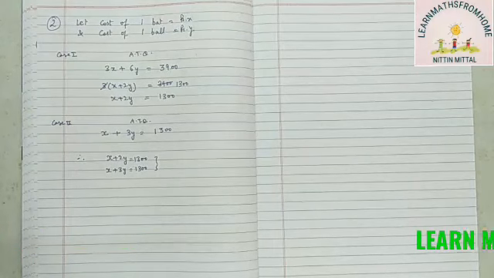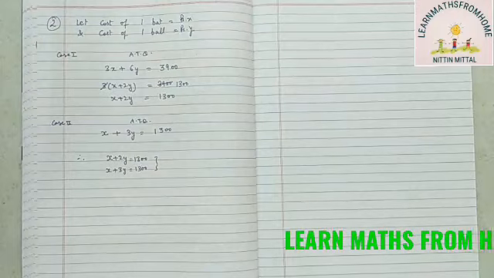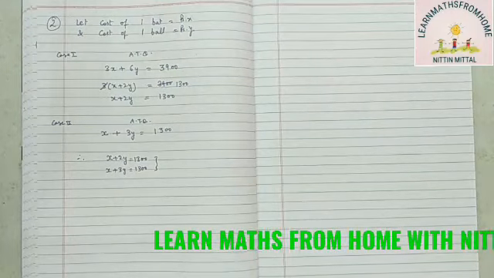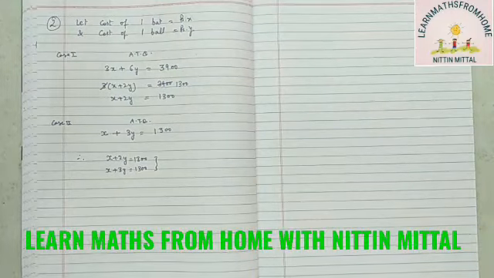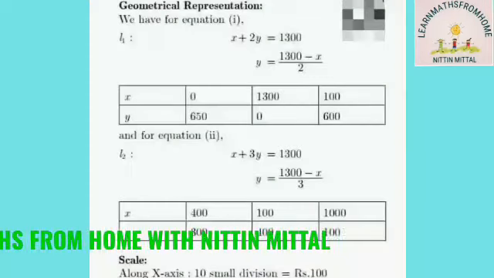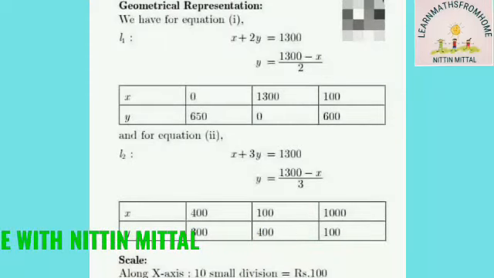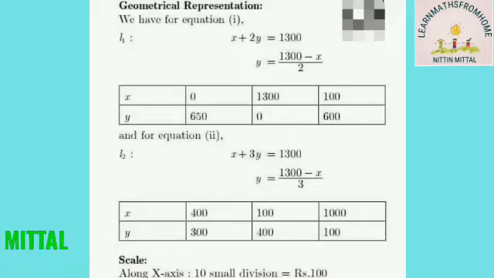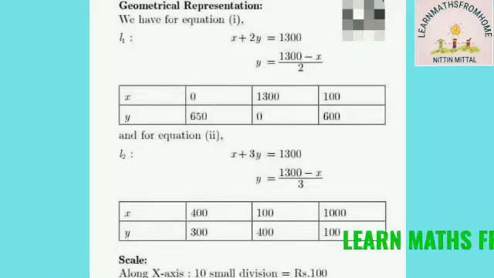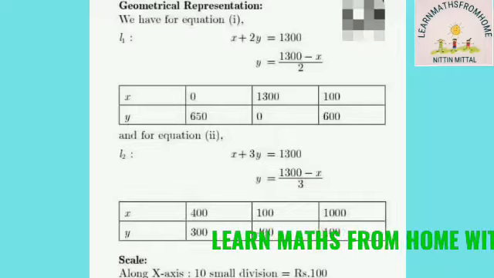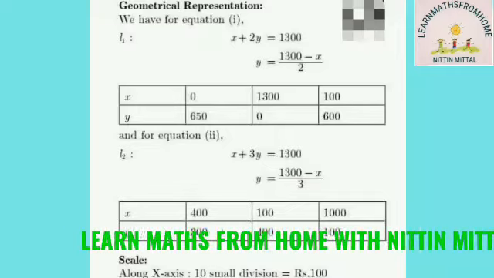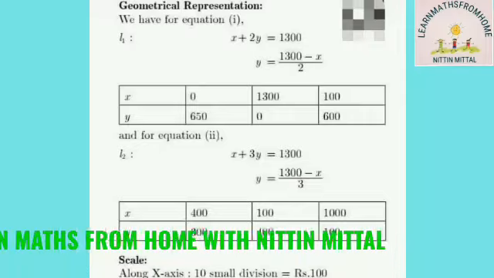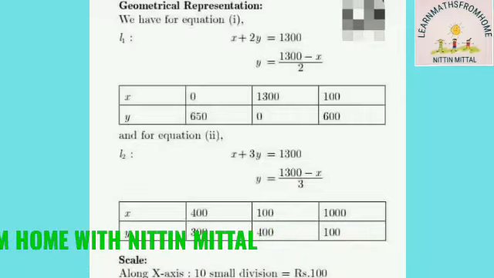Now we have to draw the graph. We have to represent graphically, and you know how to draw the graph, right? Geometric representation of question 2. So we have two equations, so we'll find three solutions for each equation. As you can see on the screen, we have found the three solutions for each of the equation.